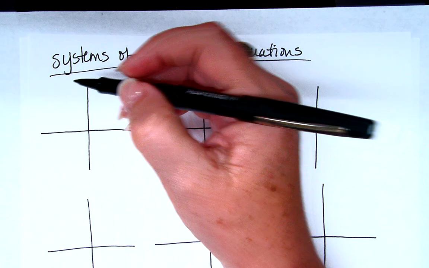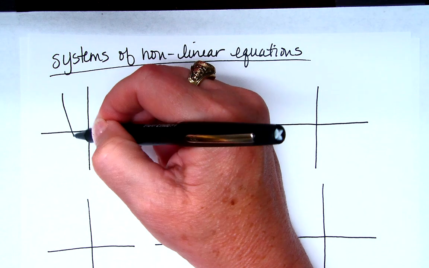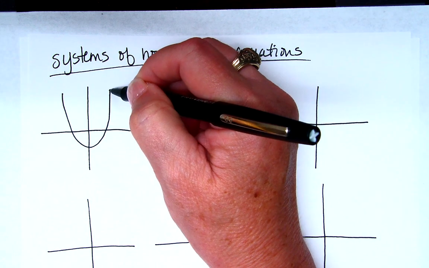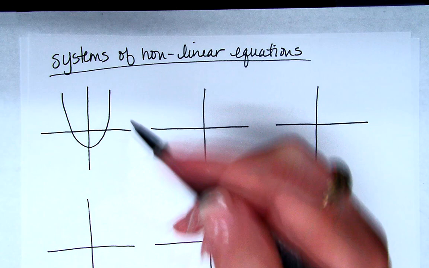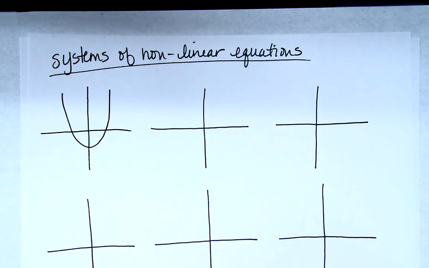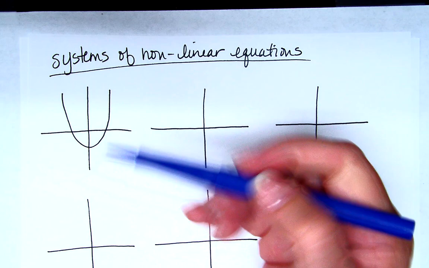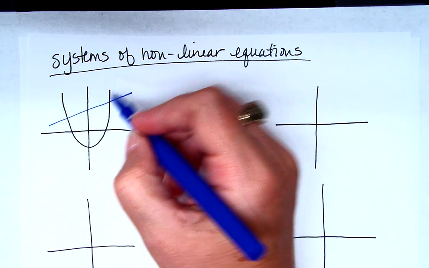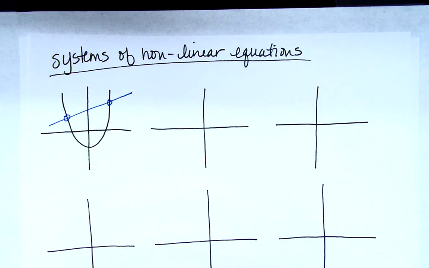So what if we had a parabola and a line? How many solutions could I have? Two, one, and none, right? Because if my parabola is there, I could have two, like right here. 1, 2. I could have one. How?